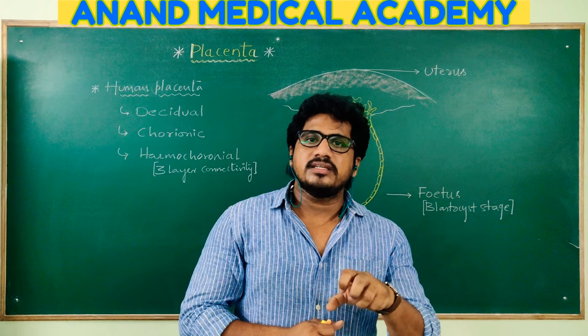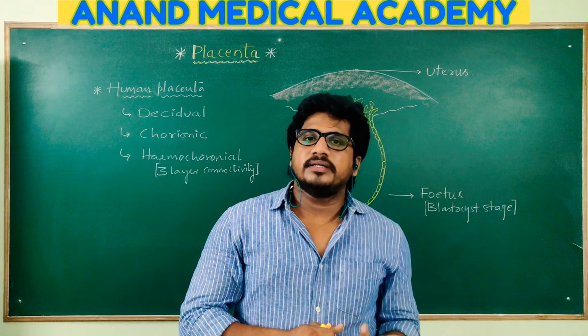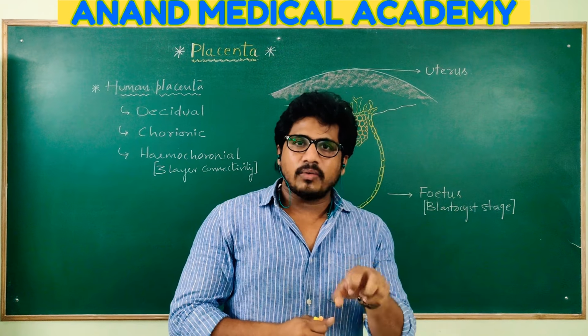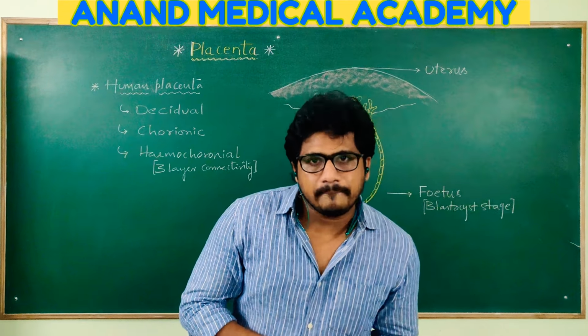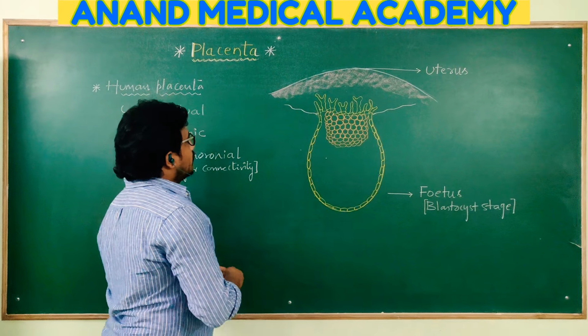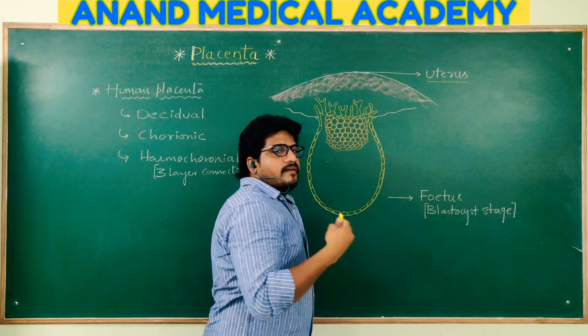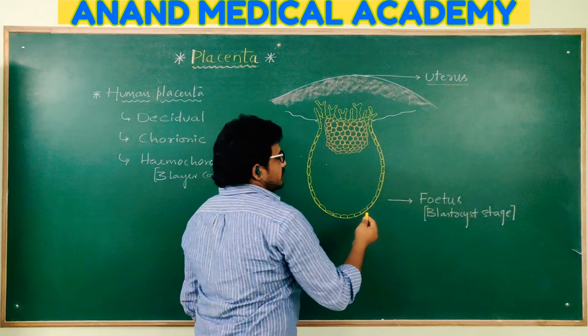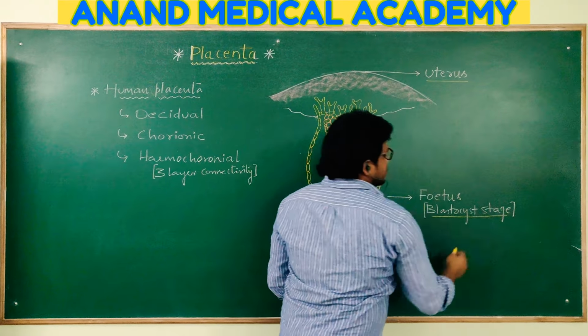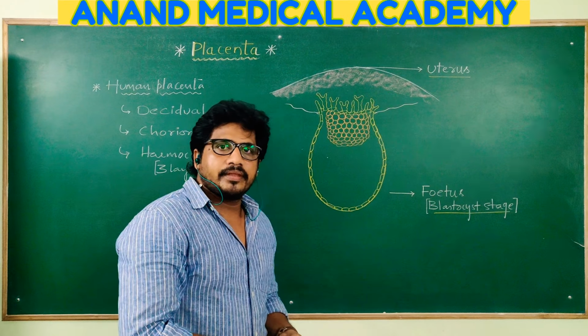Placenta is a part which is formed together by both mother and fetus. Let us know the truth regarding placenta formation. The uterus is a part of mother, and the blastocyst is one of the stages of fetal development.